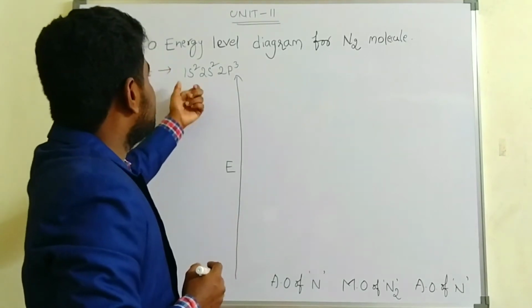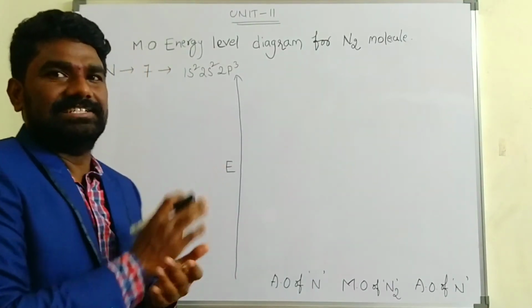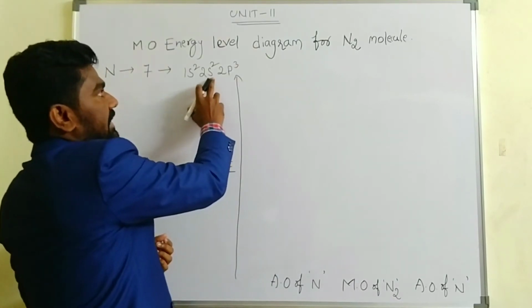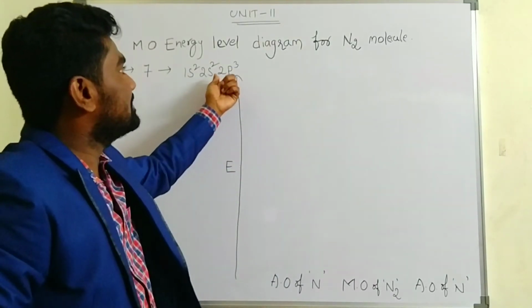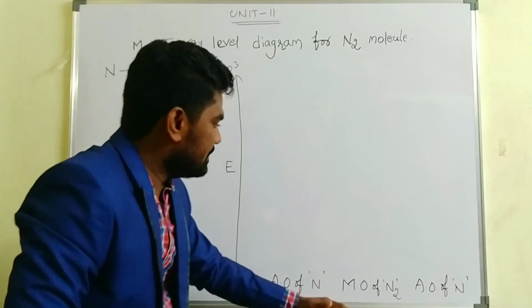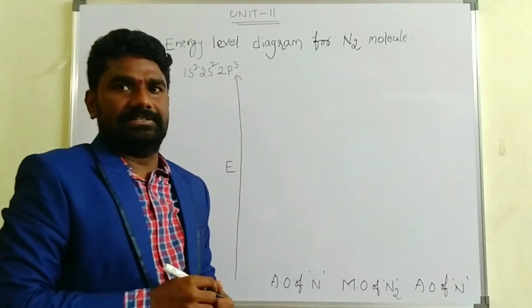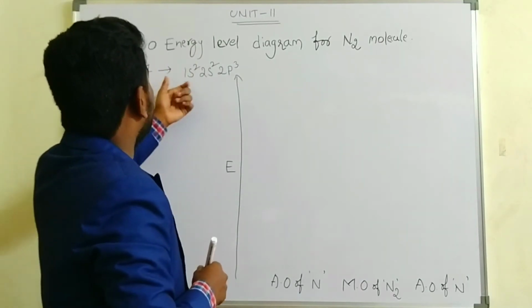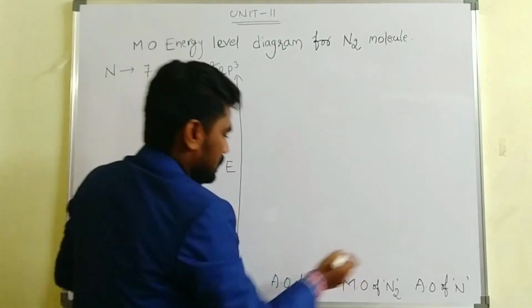So the lowest energetic orbital is the 1s, next 2s, and the highest energetic atomic orbital is the 2p orbital. In the same sequence we are going to construct. Okay. First, in the molecular orbital formation, we are going to construct the 1s orbitals.